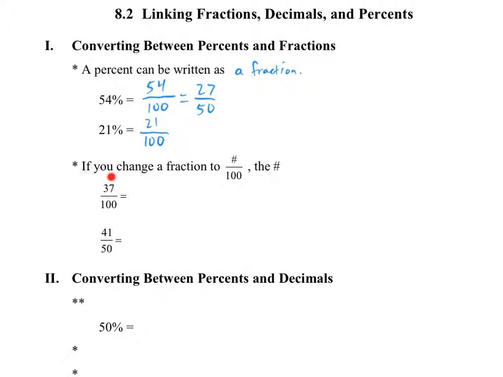So if you change a fraction to a number over 100, the number is the percent. That's just trying to write in words what we just did up above. When we have 54%, the 54 is the percent, 54 over 100. 21 over 100, 21 would be the percent.